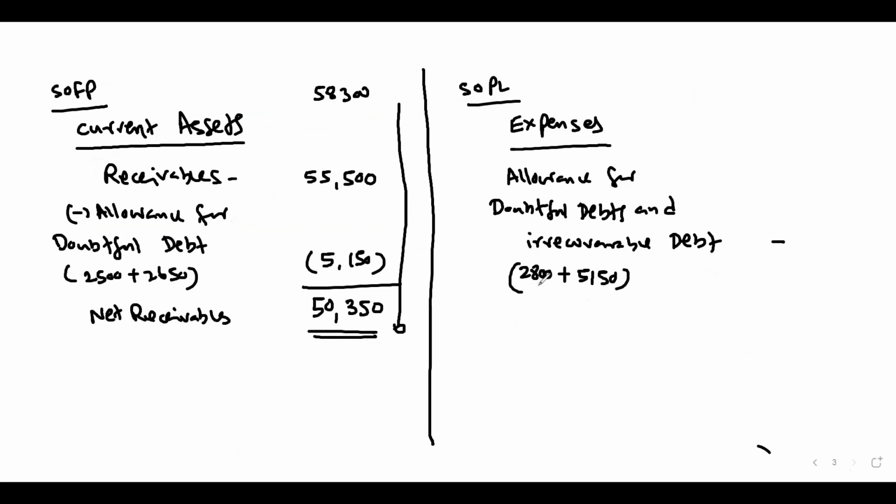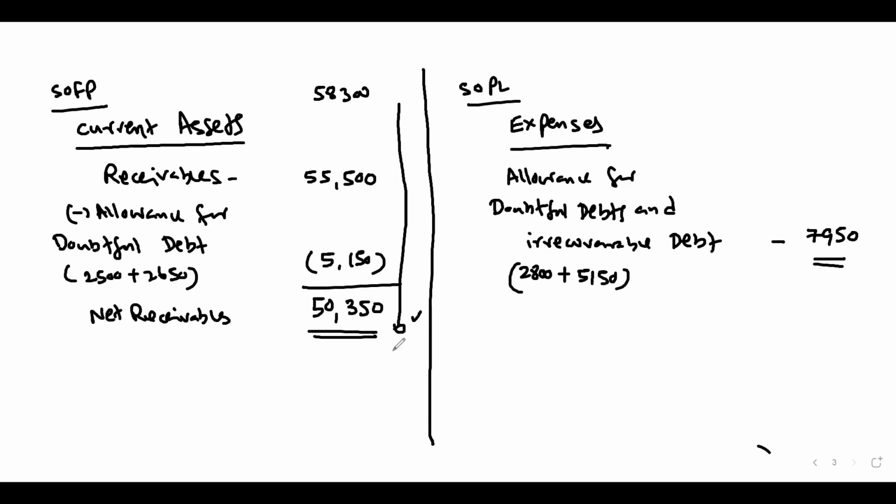So the total will be 2,800 plus 5,150, which is 7,950. 7,950 has to be shown as an expense in the income statement, because our receivable balance reduced by 7,950. 58,300 minus 7,950 will be 50,350.